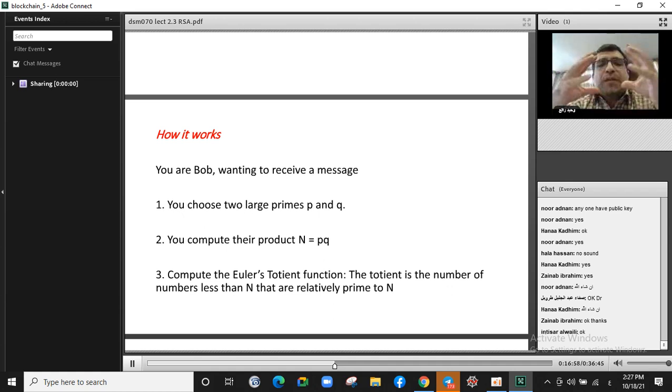Now I'm thinking about how Bob must choose a public key using the RSA algorithm. At first, Bob must choose two large primes P and Q. Then he must compute the product of these two numbers. Let the product be n. So n is equal to P multiplied by Q.